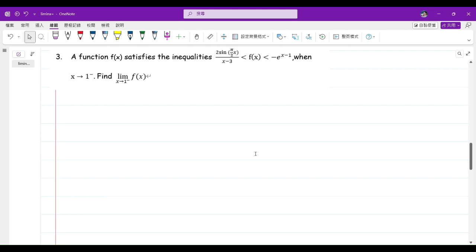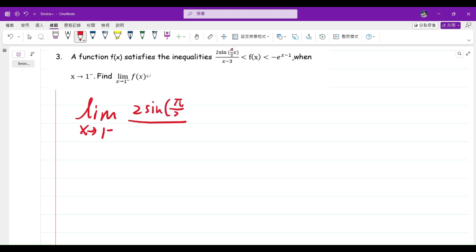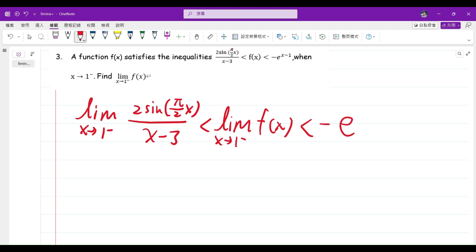Question 3, squeeze theorem. To find the limit of the middle one, we have to find the limit as x approaches 1 from the negative side of 2 sine of pi over 2 x, divided by x minus 3. And the limit as x approaches 1 from the negative side of f of x is less than the limit as x approaches 1 from the negative side of negative e to the x minus 1.